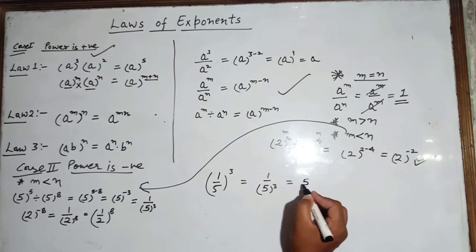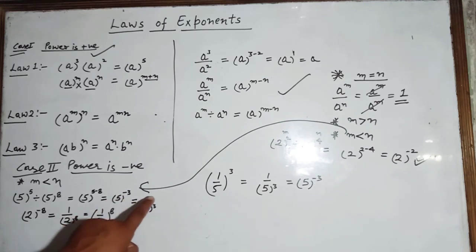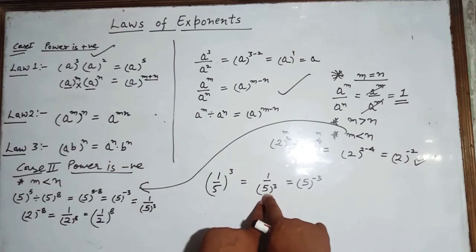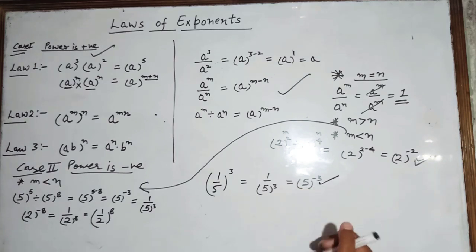So what will we write? 5 to the power minus 3. We know that negative power means it will come in the denominator. In the same way, if it is in the denominator and we are writing it in the numerator, then it will have a negative power, or the index will be negative.